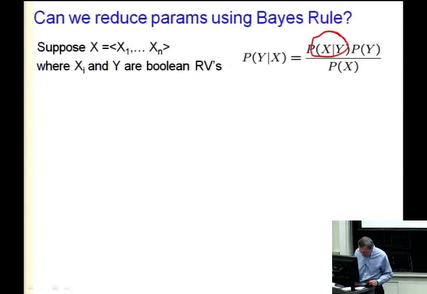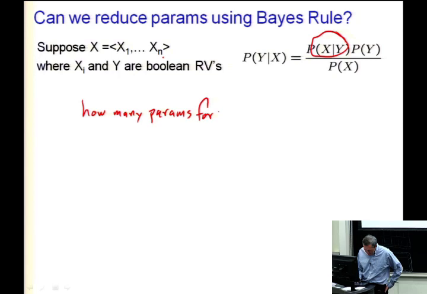Let's take this one. And again, assume we have n Boolean random variables x1 through xn. Then for this first one, how many?